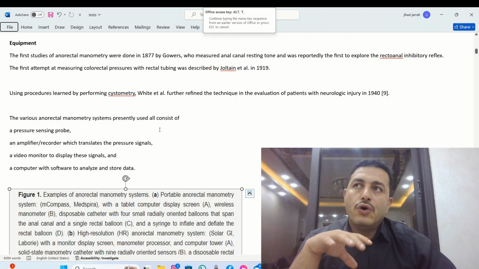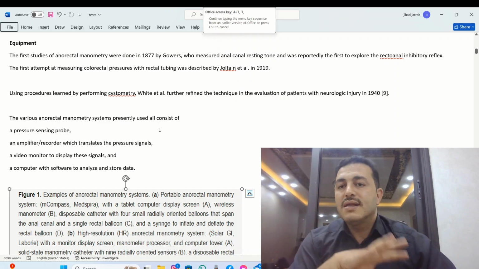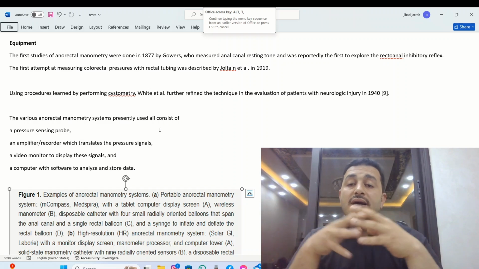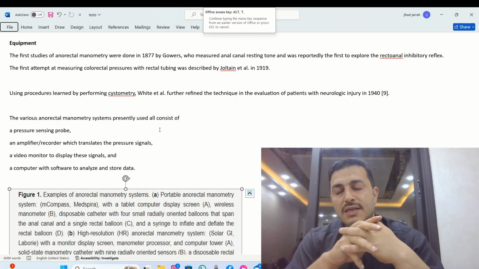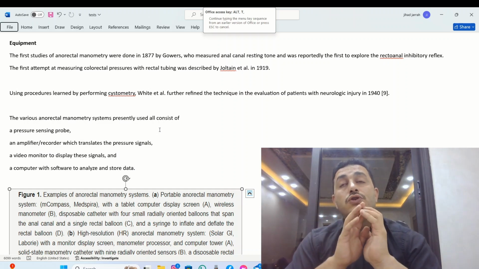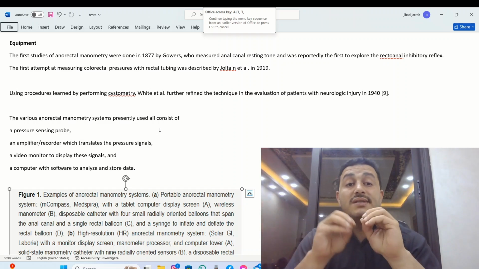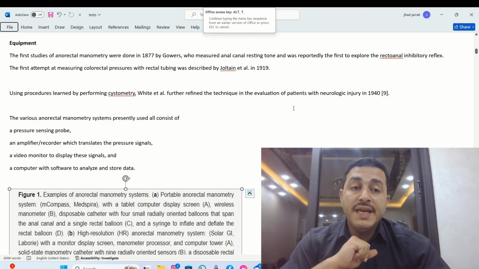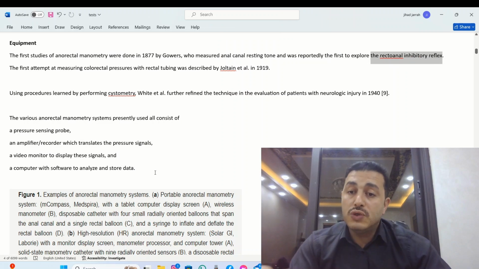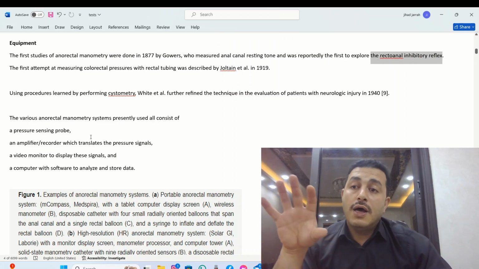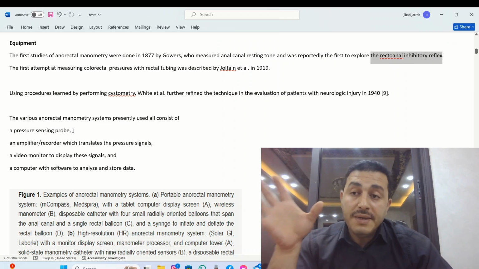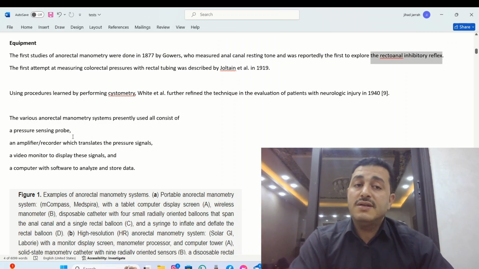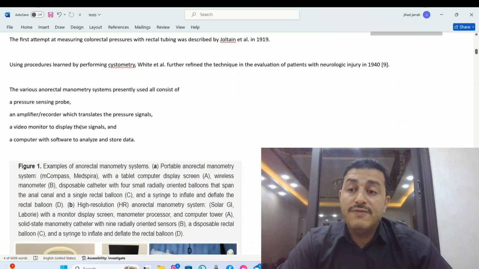Okay, the equipment, or how the manometer looks. One interesting piece of information is that anal manometry was first done in 1877, and at that time, with the help of the manometer, we found what we call the rectoanal inhibitory reflex, which we will talk about today, because one of the parameters that we can detect using manometry is the rectoanal inhibitory reflex, as we discussed in the rectoanal physiology.